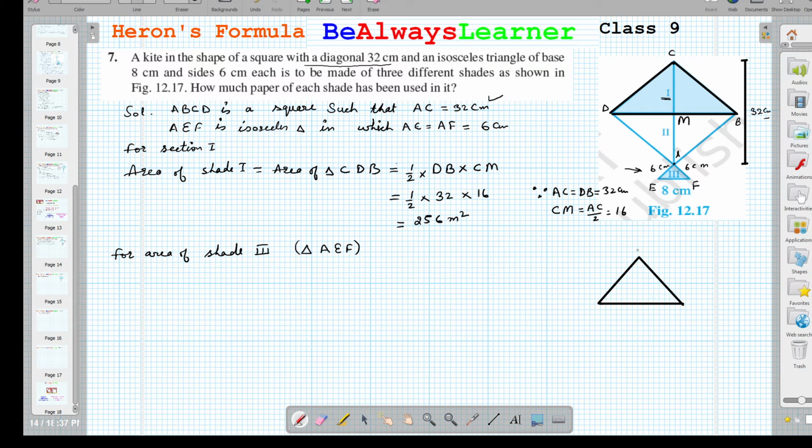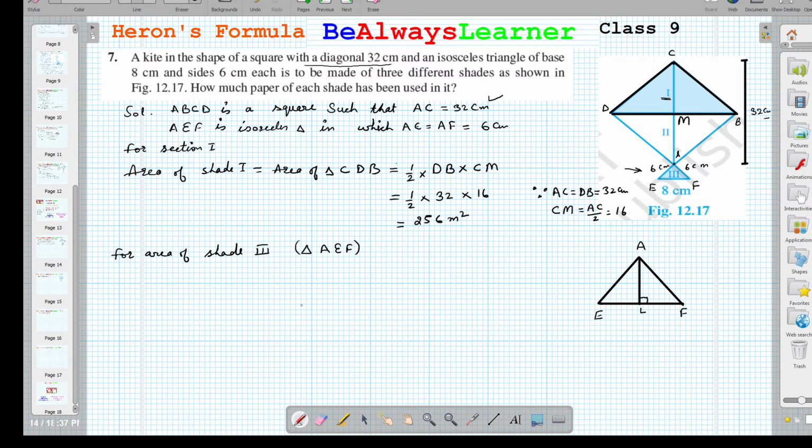So this is A, this is E and this is F, right? So we are having a perpendicular like this. We can give a name L to that, and this is our perpendicular.